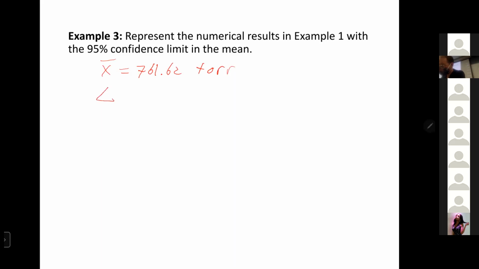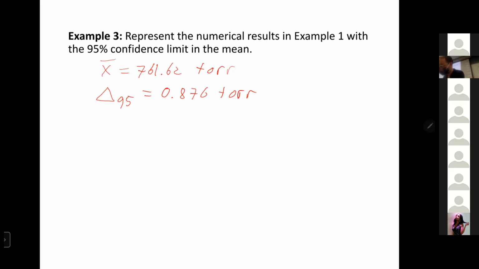And the 95% confidence limit that we calculated was 0.876 torr. Okay, and when we did the initial calculations, we just left the rounding the way it is here. I calculated extra digits more than I needed to avoid round off errors.